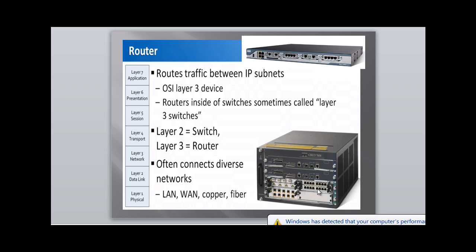A router helps you talk to different IP addresses, whereas a switch does not do that. A switch helps you talk to the same IP network, whereas a router helps you talk to a different IP address, like the 10.0.0.0 network, the 20.0.0.0 network or the 30.0.0.0 network.